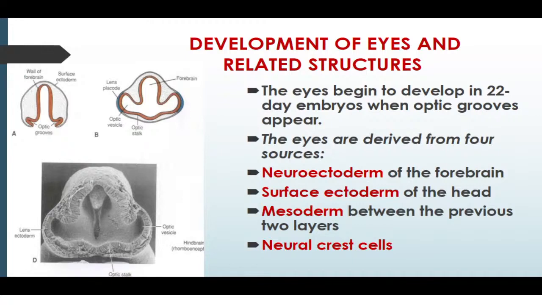The forebrain is only starting to differentiate. As a result, the eyes are derived from four sources.